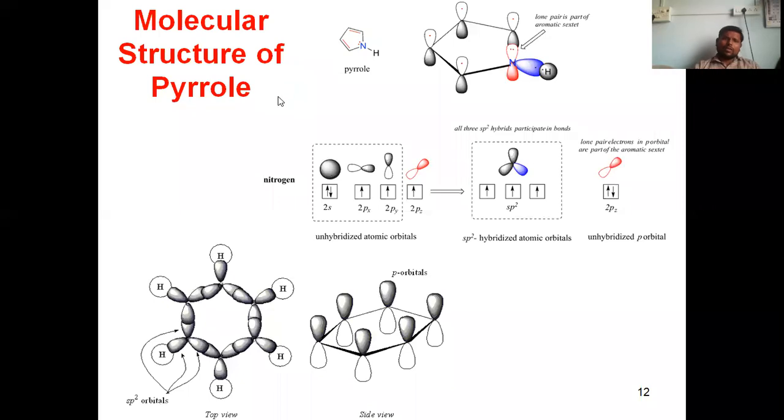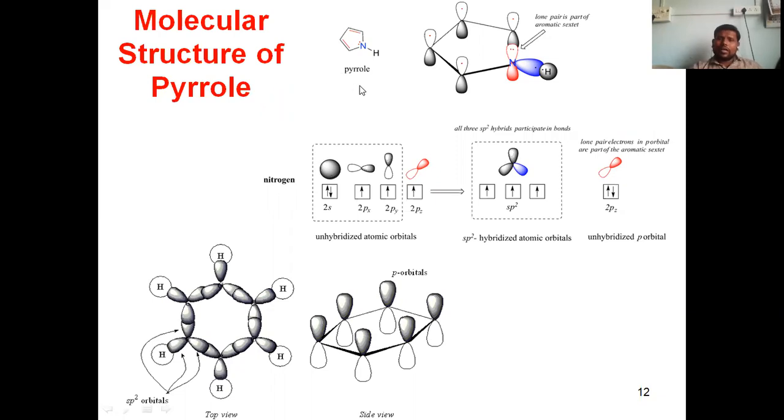Then the next topic is very important and very helpful to understand the structure of the pyrrole ring. If you know the structure, then you can understand the nature and reactivity of pyrrole.